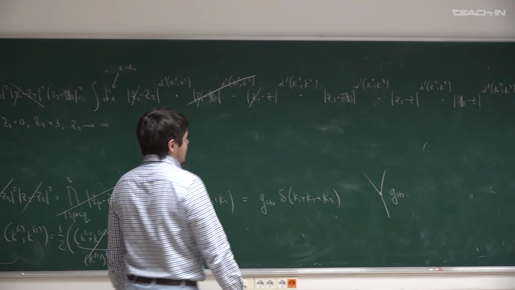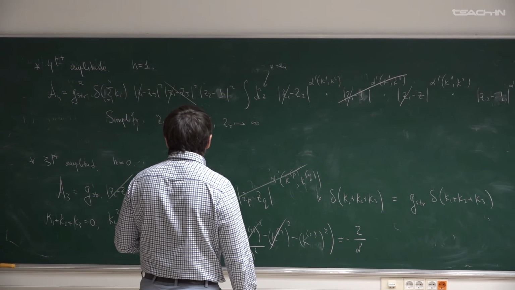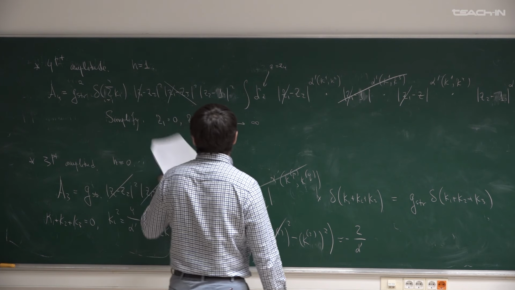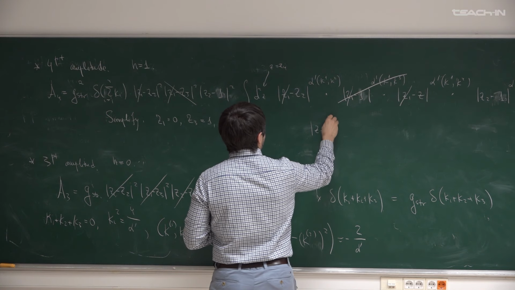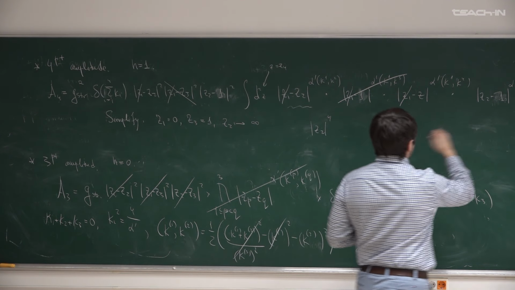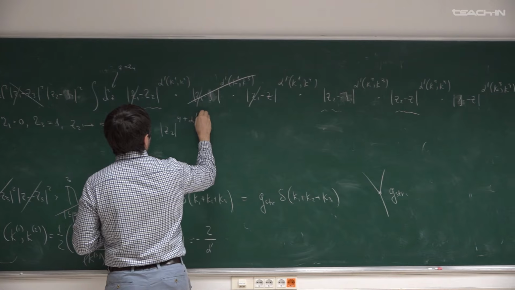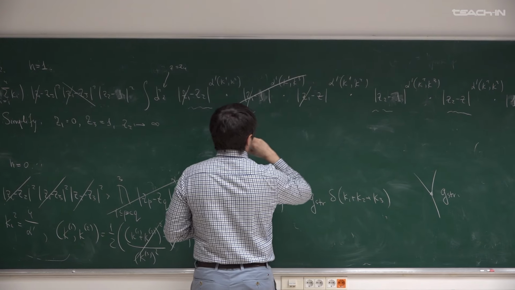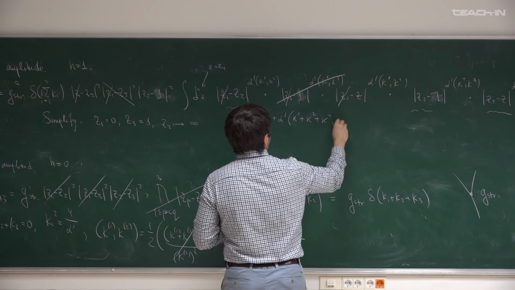But now we want to send z2 to infinity. So we have modulus z2 to the power 4 plus, since there is z2 here, z2 here, and z2 here, this gives alpha prime times k1 plus k3 plus k4 with k2.